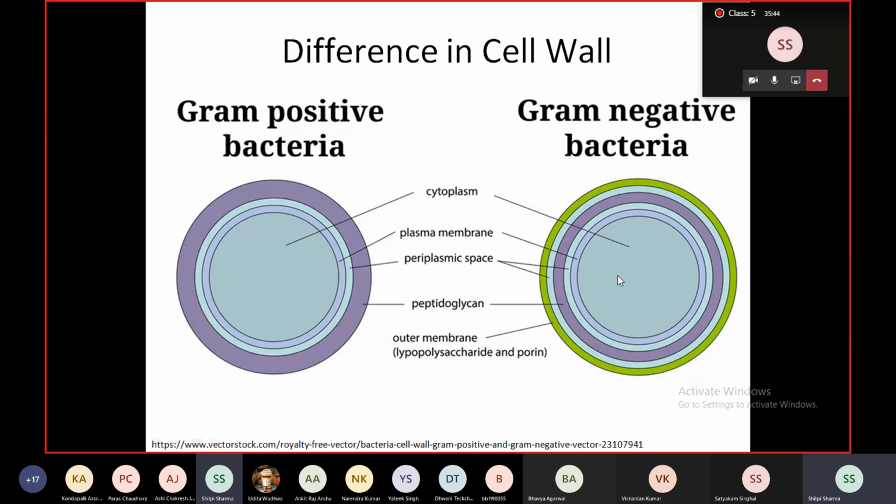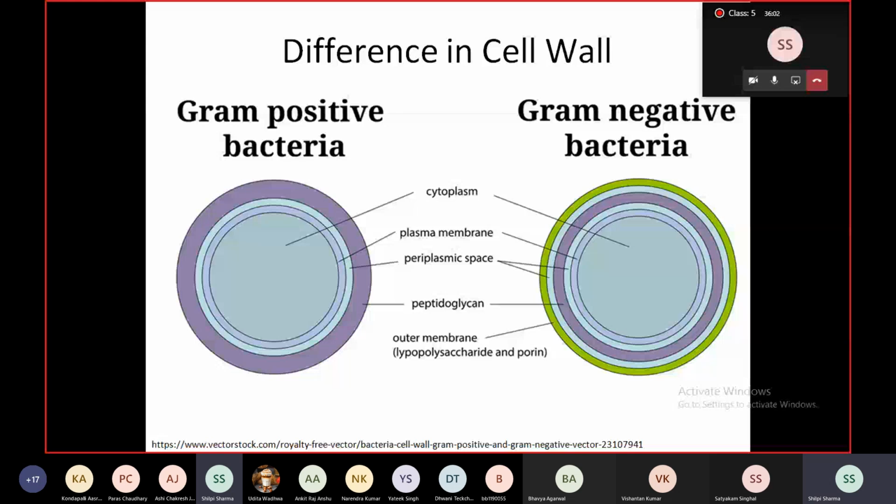Gram negatives, as you can see in the figure, have a thin layer of PG, and in addition they have a lipid layer as the outermost covering of the cell wall and are unable to retain the primary stain. Hence, they are visualized as pink from the second stain that is added.